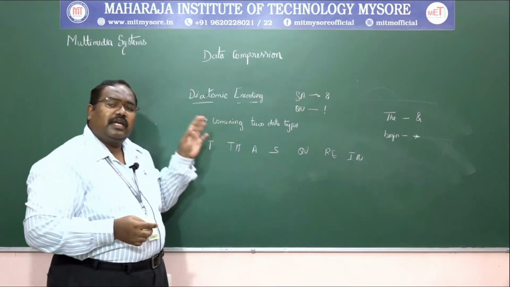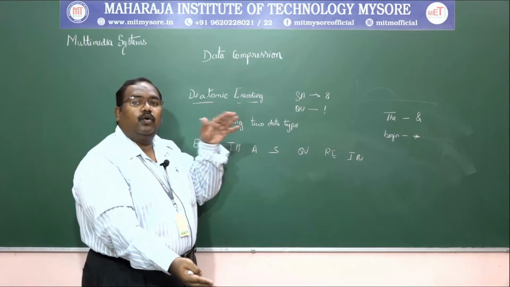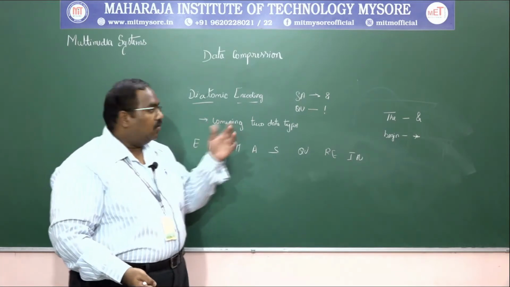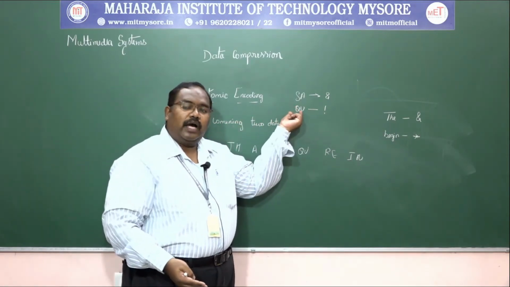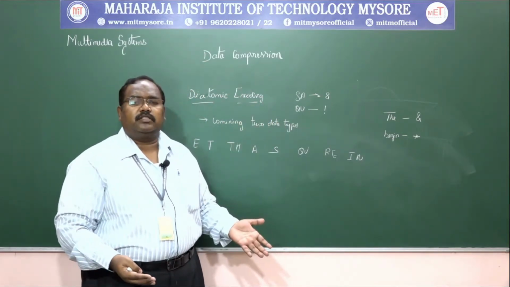When we do this kind of coding, look at the amount of compression we achieve in a whole document. The combination QU might be encountered 10 times or 100 times in a text document.